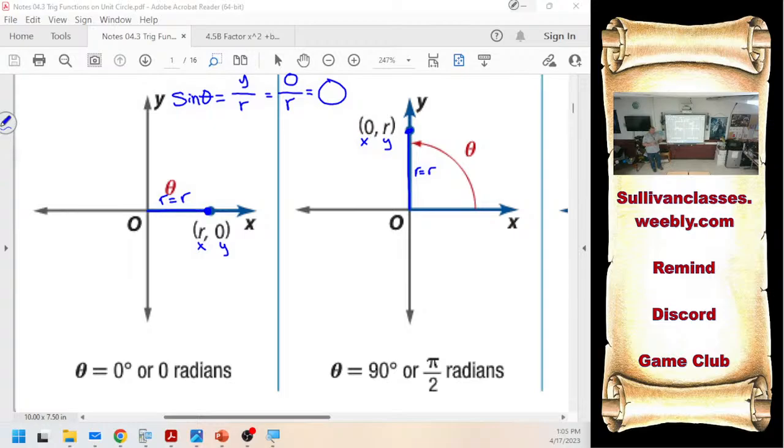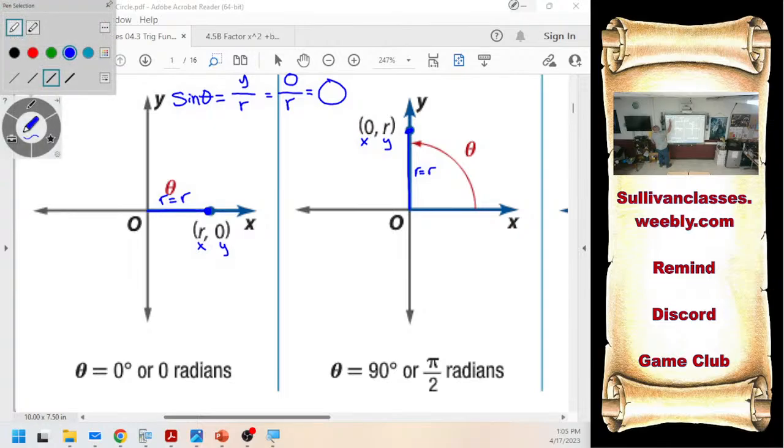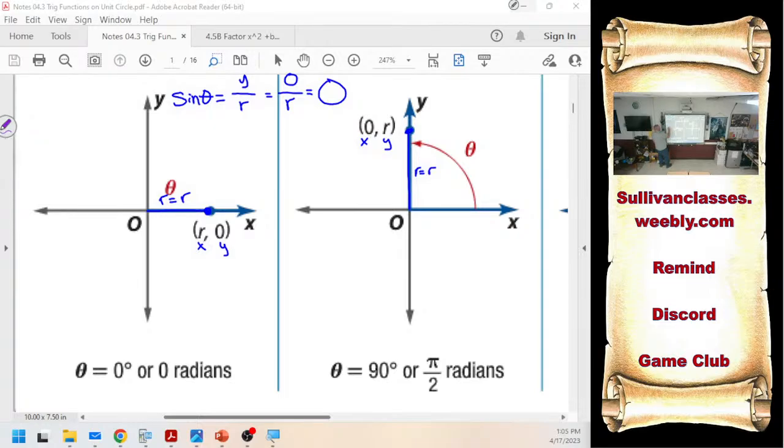The other way to think of this is a visualization: think of it like a triangle in which the radius goes this far, but because this is 0 degrees, the opposite is 0.